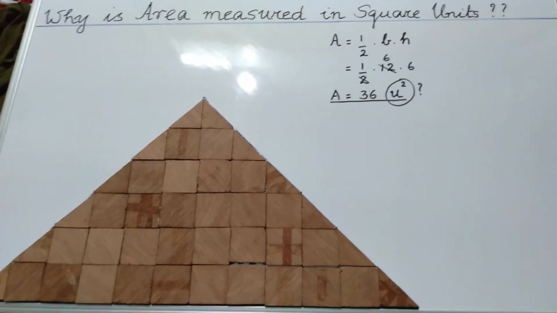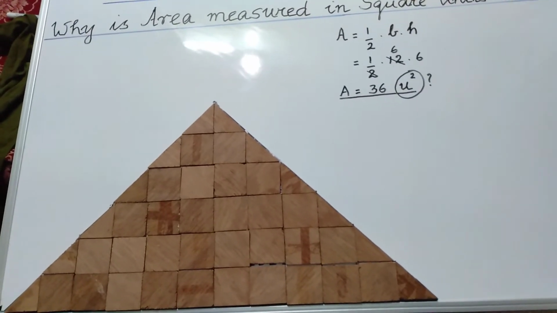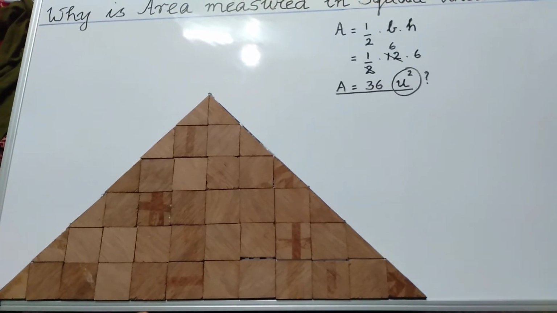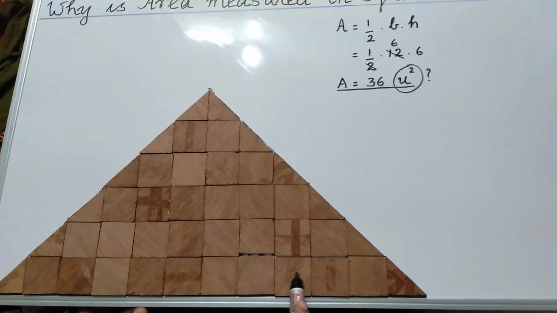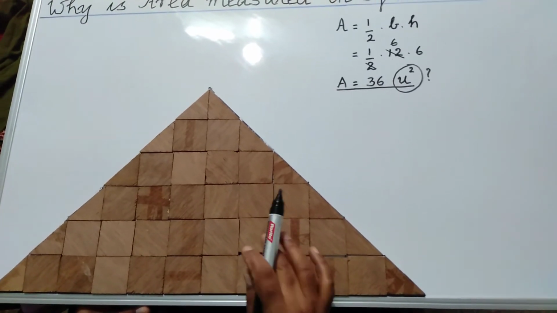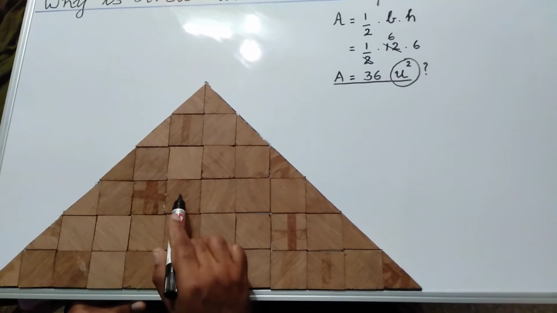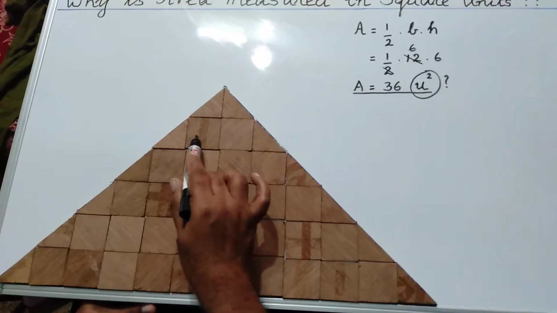So dear friends, the triangle is now filled with unit squares. We will count the unit squares. 1, 2, 3, 4, 5, 6, 7, 8, 9, 10, 11, 12, 13, 14, 15, 16, 17, 18, 19, 20, 21, 22, 23, 24, 25, 26, 27, 28, 29, 30.